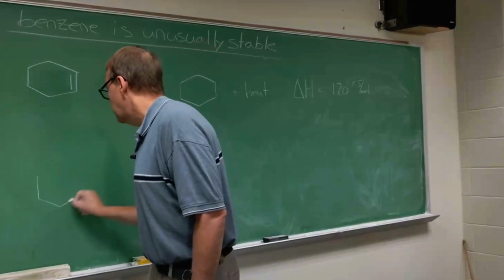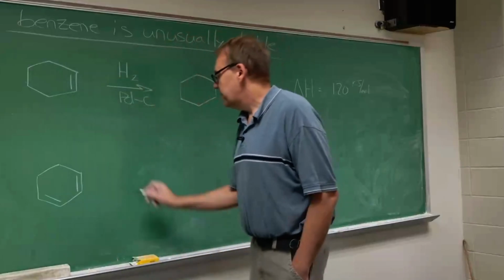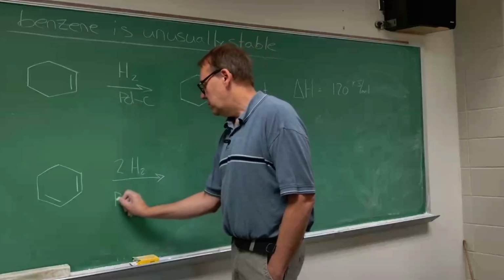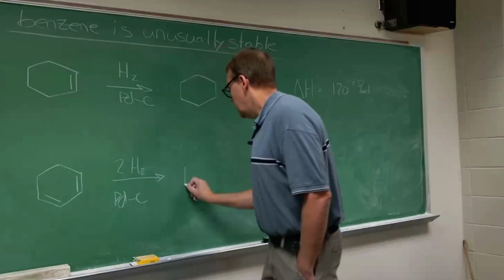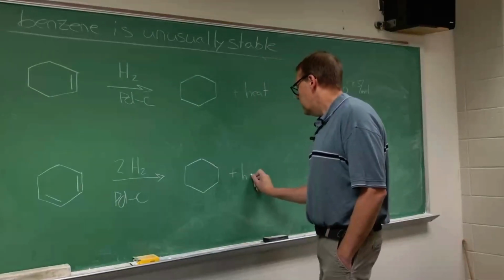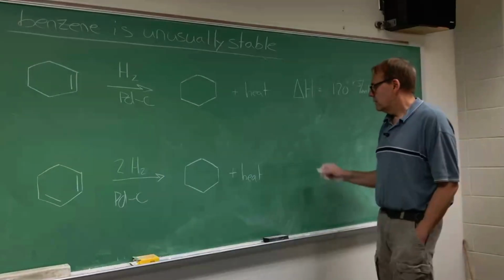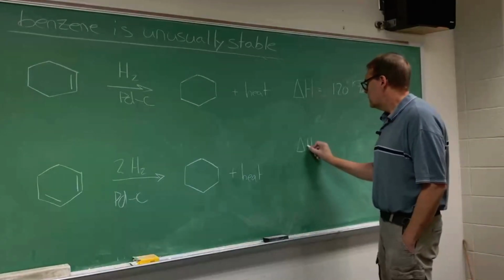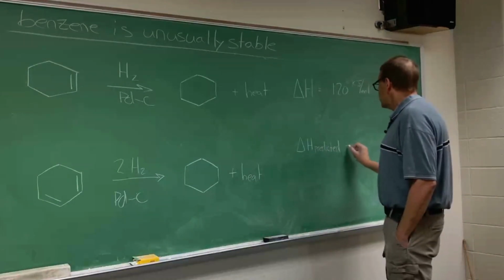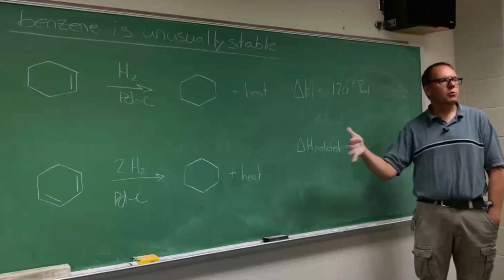Here's another reference molecule. This one has 2 double bonds in it. So if you put this in with 2 hydrogen molecules and palladium on carbon, and you add hydrogen across both of the double bonds, you'd get out cyclohexane and some heat. Let's look at a couple possibilities. Here's delta H predicted, which is what you'd predict if there was no such thing as resonance. I've been telling you resonance stabilizes dienes, for example.